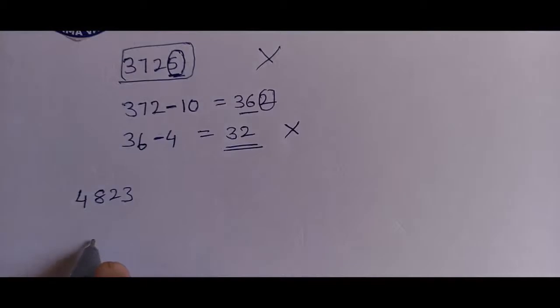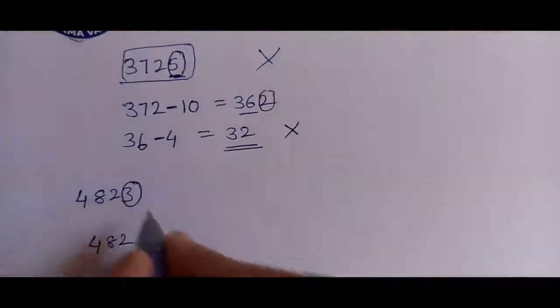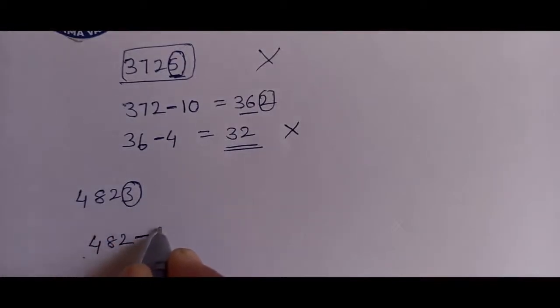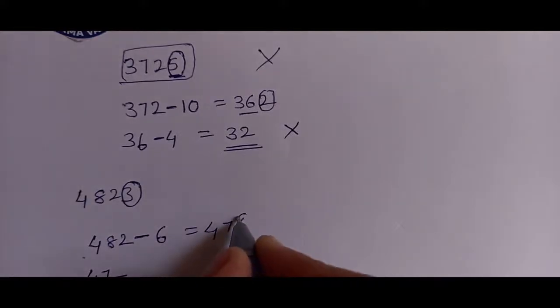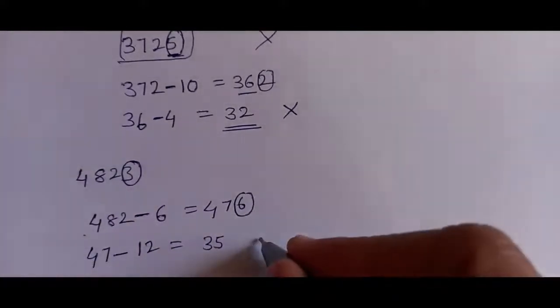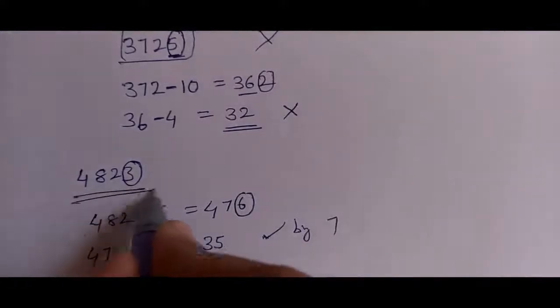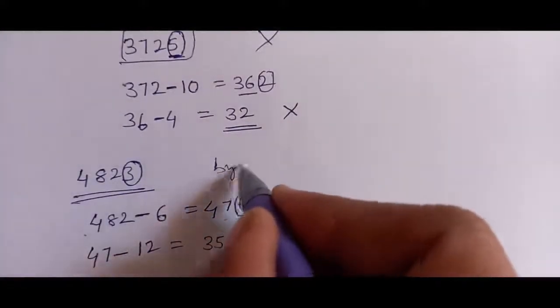First we write 482, subtract double of 3, which is 6. 482 minus 6 is 476. Again continue the process until you get a single or double digit. 47 minus double of 6, 12, so 35. 35 is divisible by 7. So this number is also divisible by 7.